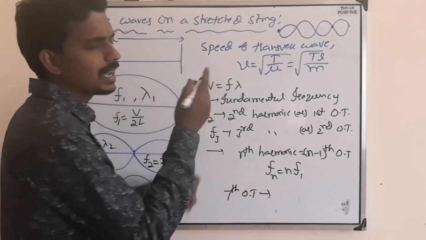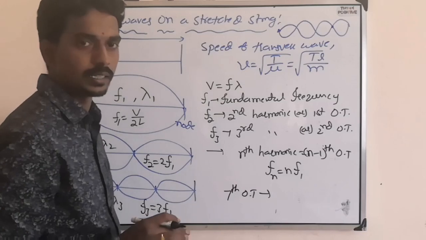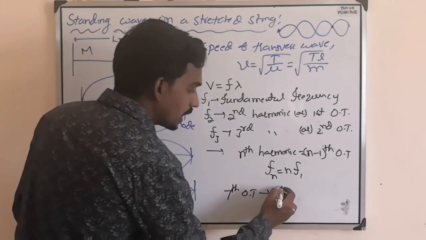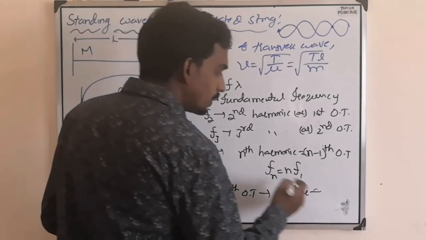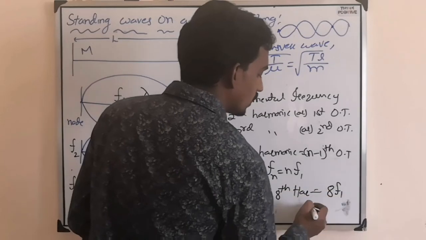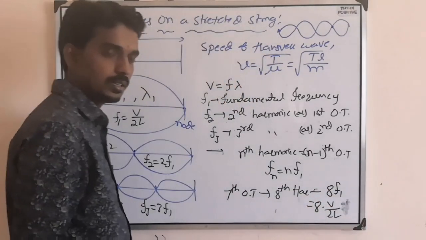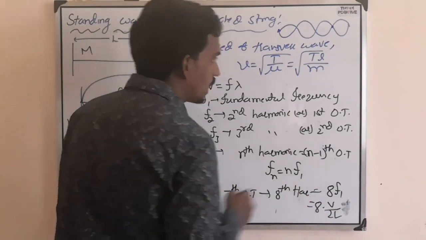Suppose they ask for the 7th overtone frequency. They will give length, mass, everything, or they will give the speed directly. You have to substitute and calculate, but you should understand the question. 7th overtone is nothing but the 8th harmonic. 8th harmonic means 8 times the fundamental frequency, so 8 into V by 2L. You have to know the length, which they will give in the question, and you have to find the velocity.